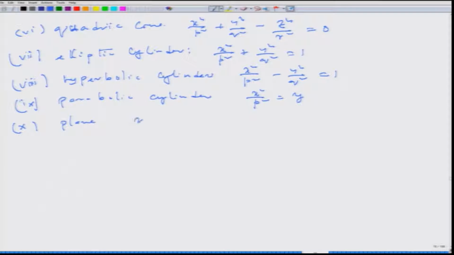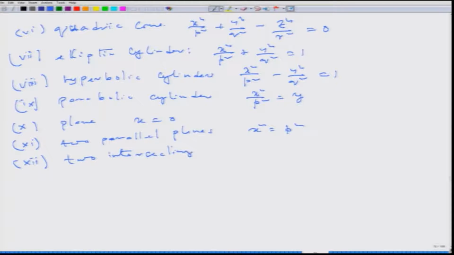maybe just a plane x equal to 0 or y equal to 0 or z equal to 0, I mean up to rigid motion, two parallel planes, two intersecting planes, straight line.